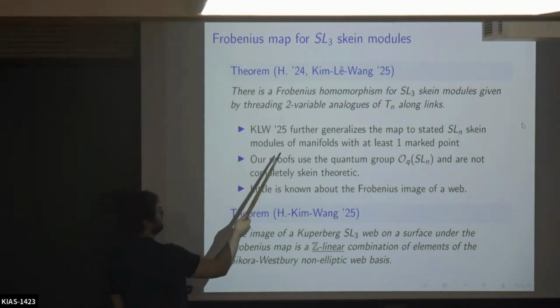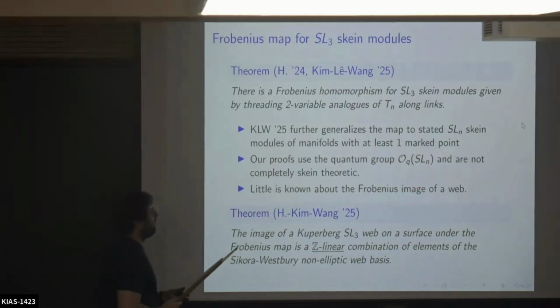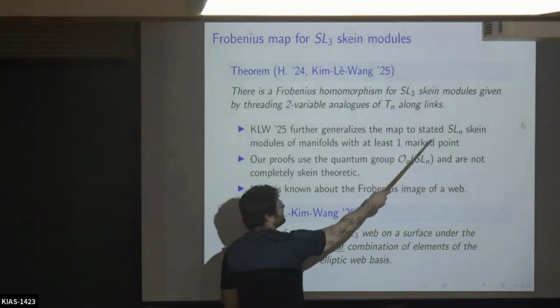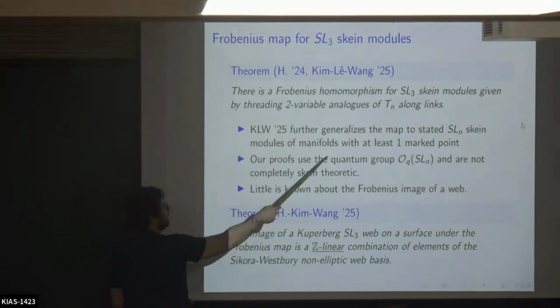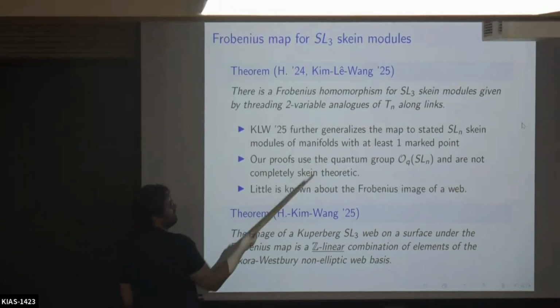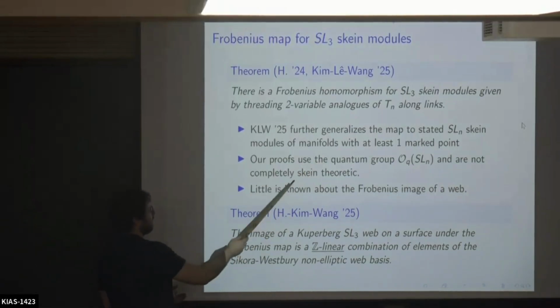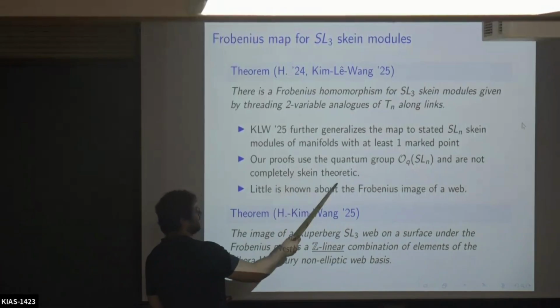Hyun Kim, Tong Wei, and Jiao Wang have further generalized it to a situation involving stated Skein modules, which involves skeins that have endpoints on the boundary. But our proof doesn't tell you what to do to webs, and it's not entirely Skein theoretic.